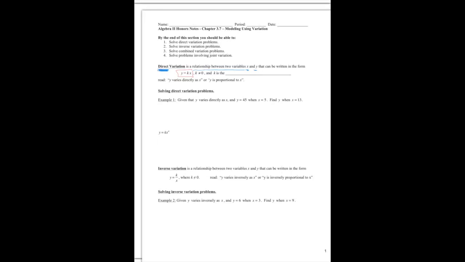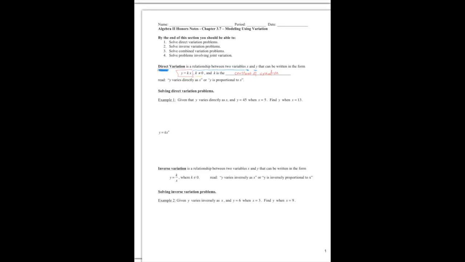Now, k is your constant of variation. It is a variable that represents the proportionality, the relationship between y and x. This is just a linear function. Now, k cannot equal 0 because if k equals 0, we see that the right-hand side will be 0.